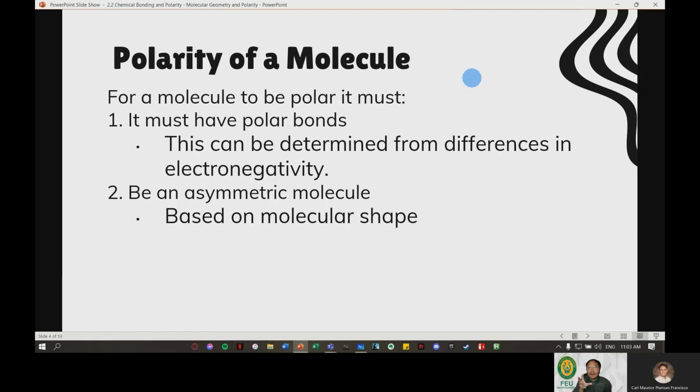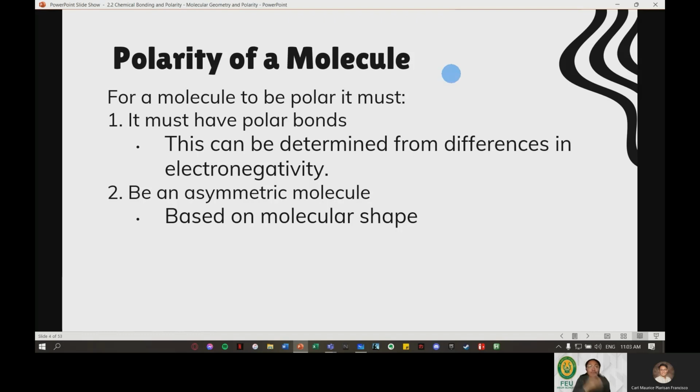Tayo po ay naka-focus, kumbaga, kapag molecule ay patungkol sa covalent compounds. Hindi natin pag-uusapan ang ionic compounds o metallic compounds. Ibig sabihin, covalent compounds lamang po ang mayroong polarity.